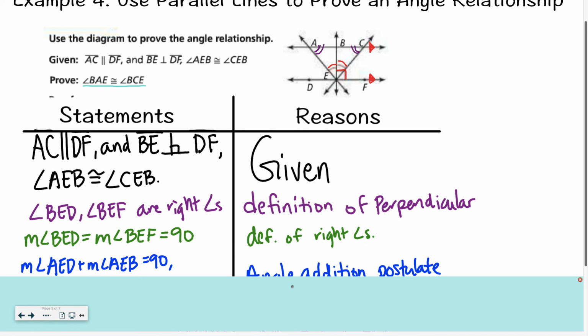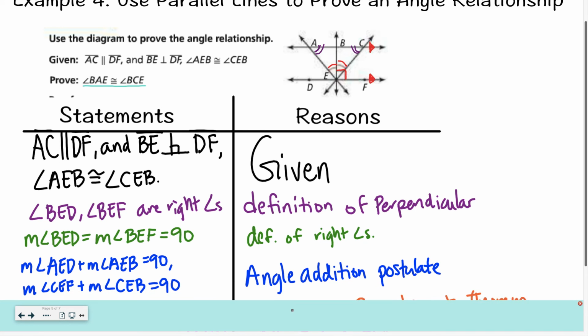And I can say the same thing for the other right angle. I can split up BEF. Instead of writing angle BEF, I can say the measure of angle CEF plus the measure of angle CEB also equals 90. Both of those things are angle addition postulates, right? I simply took a larger angle and split it up into two smaller angles. So that way I can maybe substitute some things in later.